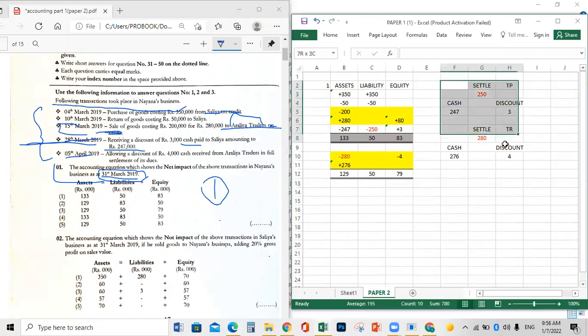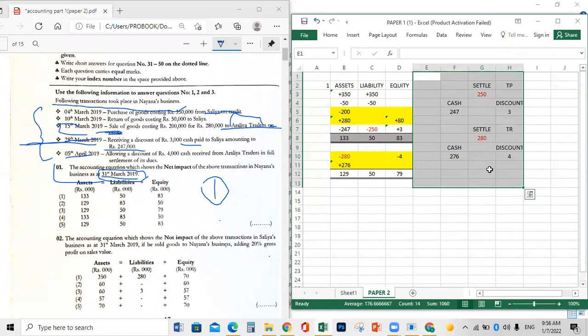So don't forget this. Maybe this is the last time someone is teaching you this. Settled includes 2 components, cash and discount. If it is cash received, you should increase your cash. If it is cash paid, you should reduce your cash. If it is discount received, you should increase your equity because it's an income.